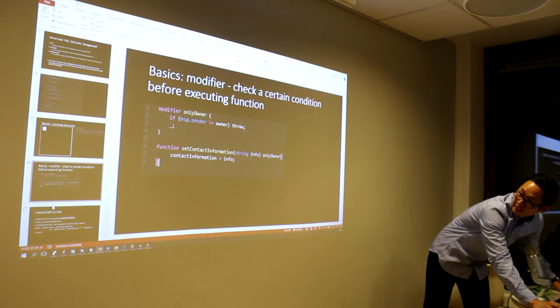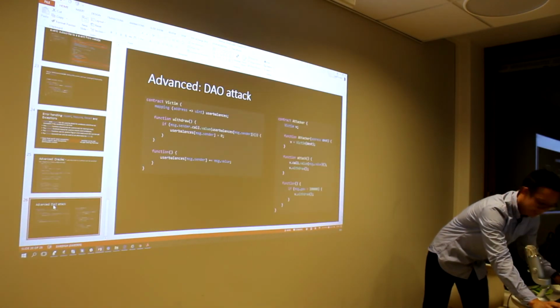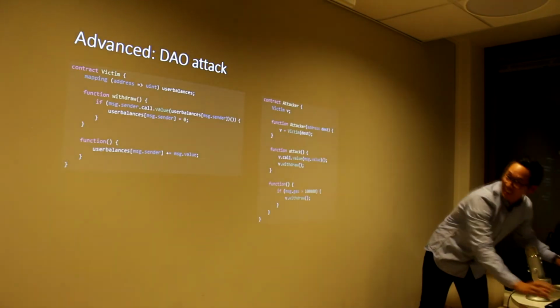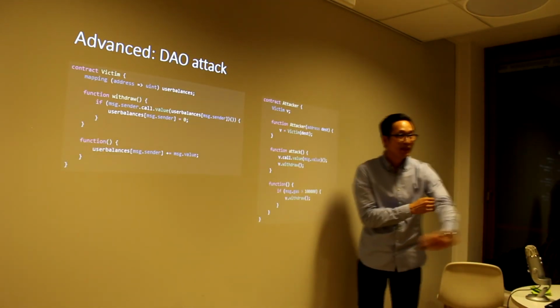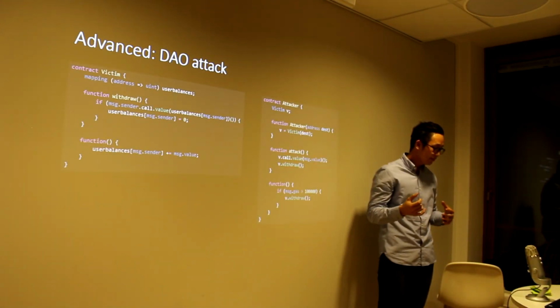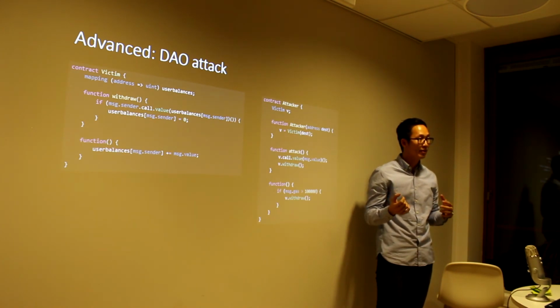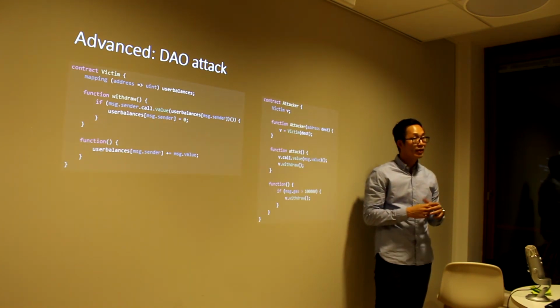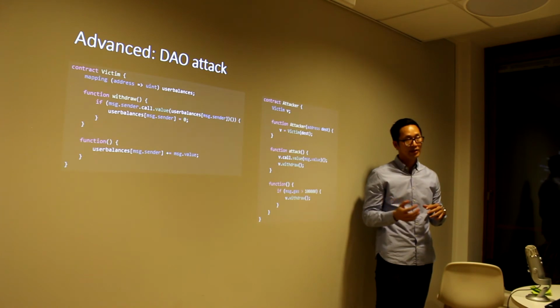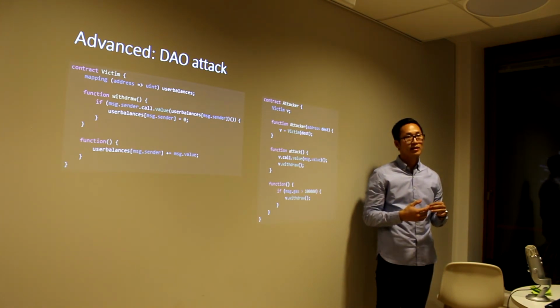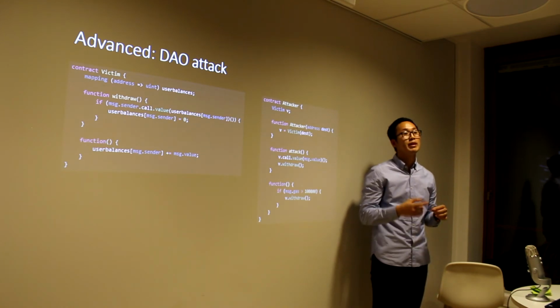The most interesting stuff, I think, is the DAO hack. About 1.5 years ago, one of the first ICOs gathered more than 1 billion SEK, $150 million.